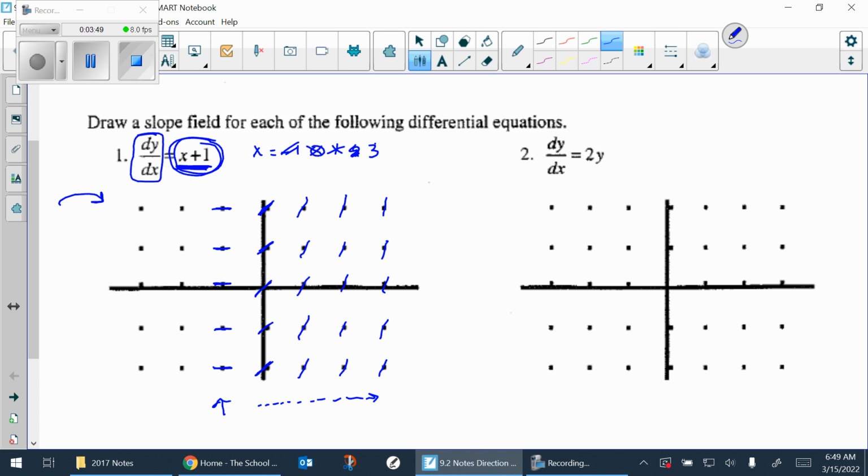Now let's go the other way from negative 1. Let's go to x is negative 2, which would mean our slope, our dy dx, would be equal to negative 1. I'm drawing something like this.